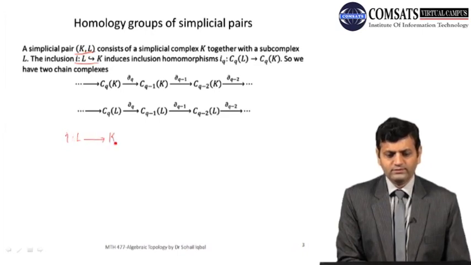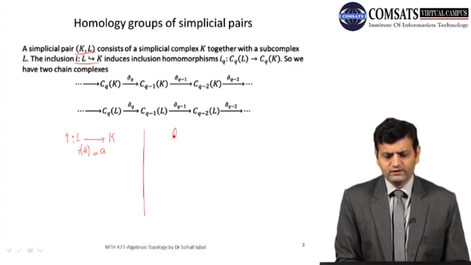In other words, we have an inclusion map. So inclusion map says that just take an element of L, let's say A, and it gives me the same image. Okay, so let's for example take A to be equal to 1, 2, 3, 4 and B to be equal to 1, 2 and 4.